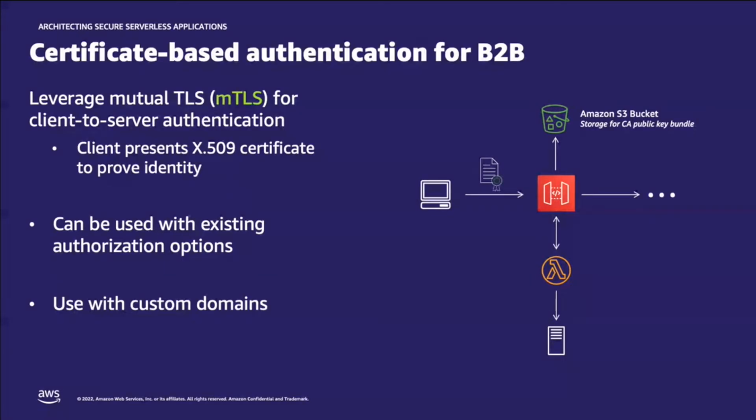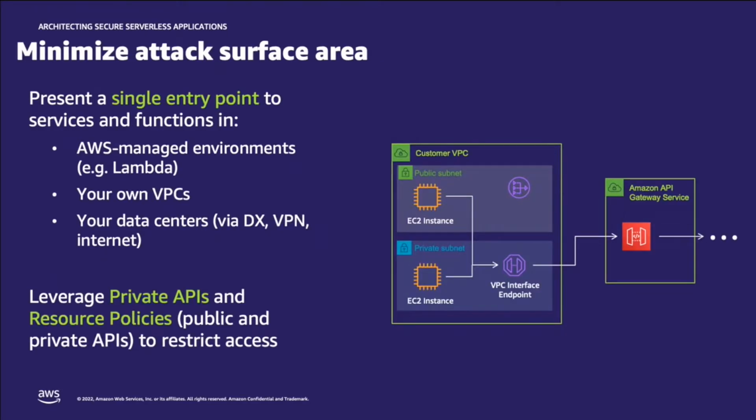So again, this is something that is out of the box and it can be combined with the previous authorization methods that I just described, like the Lambda authorizers and so on and so forth, right? So this is also a recommendation to be used.